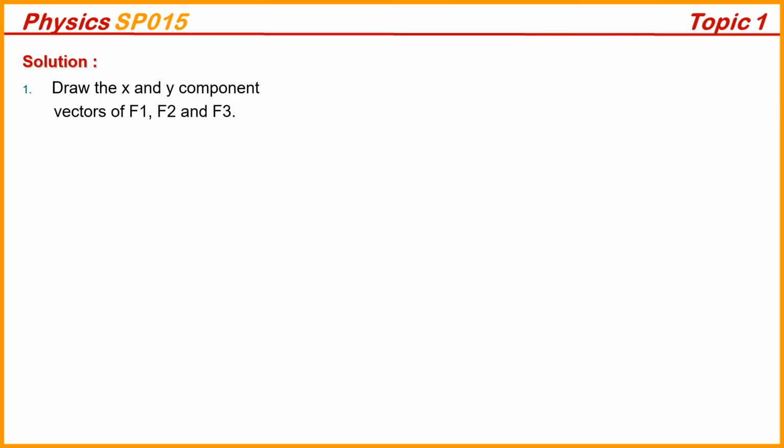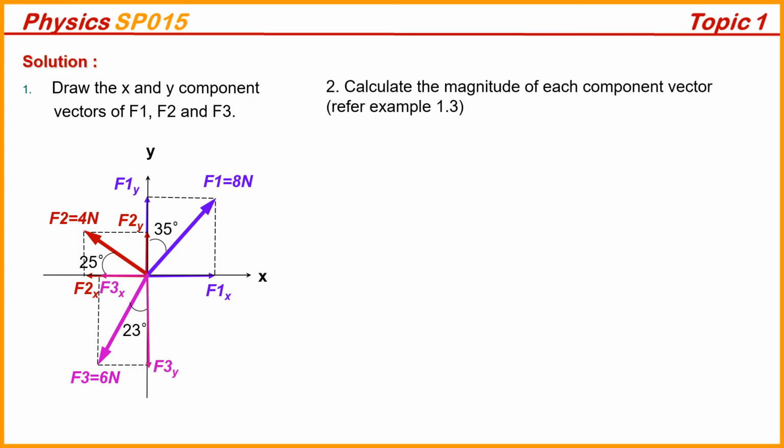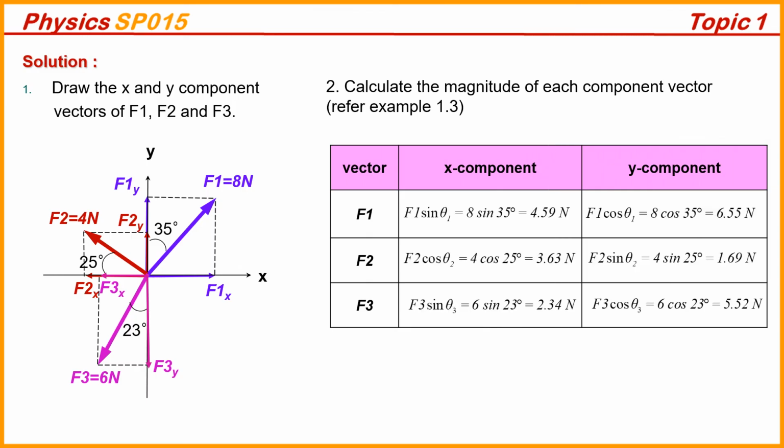The first step is to draw the x and y components for the vectors F1, F2, and F3. After you sketch the x and y components of the vectors F1, F2, and F3, you can calculate the magnitude of each component vector. To calculate the magnitude of each component vector, you can also refer to example 1.3 for resolving the vector.